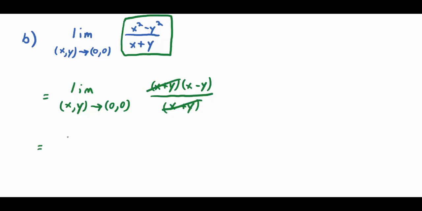And we're left with the limit as (x, y) approaches 0, 0 of x minus y. So this limit is equal to the original limit as long as x plus y does not equal 0.